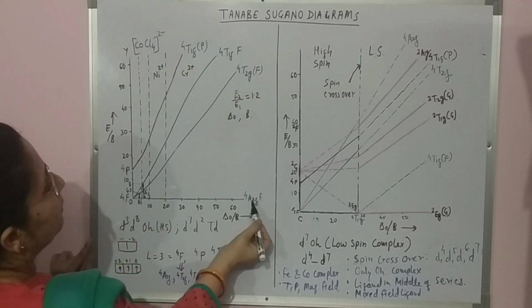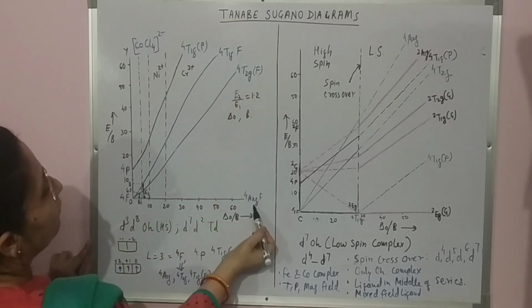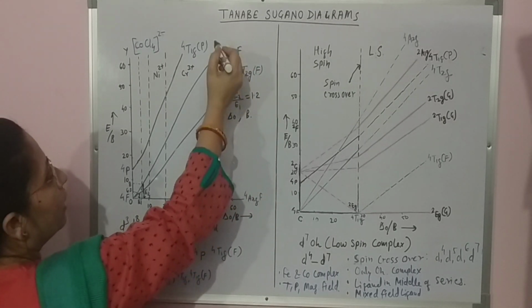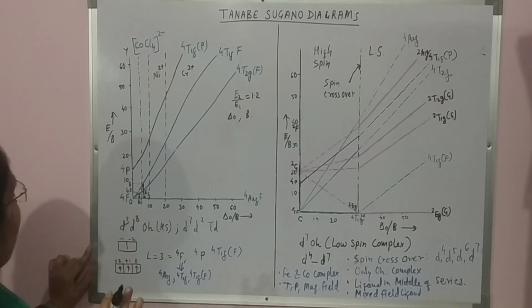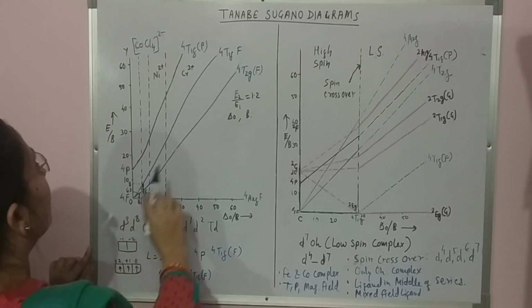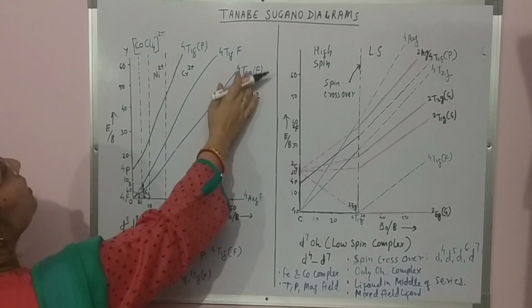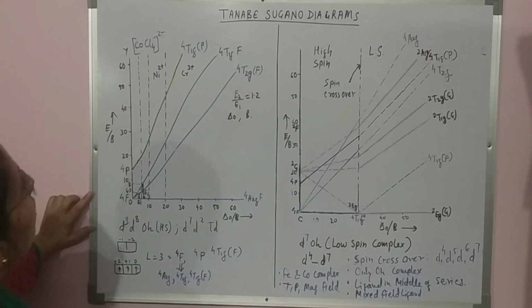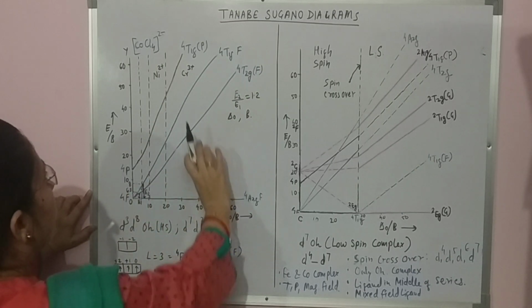Since d3 will have just the inverse of the d2 diagram, here we will find A2g this side, and then T2g, and then T1g.